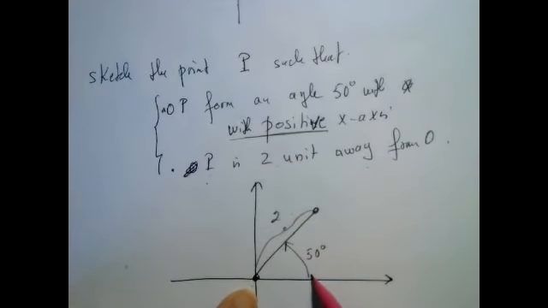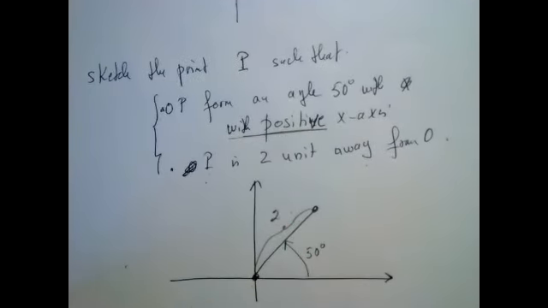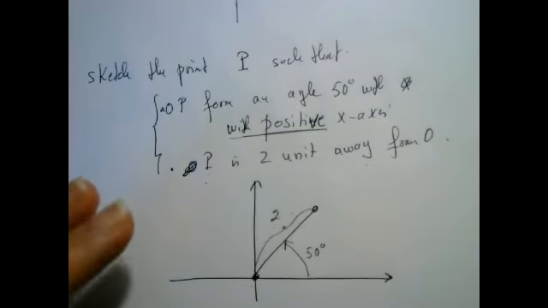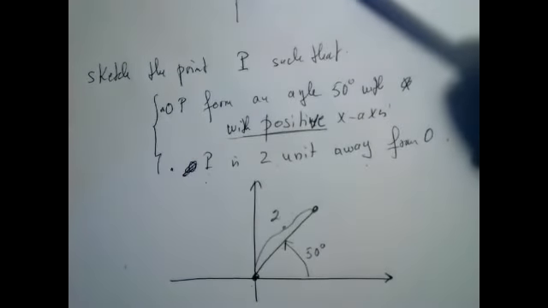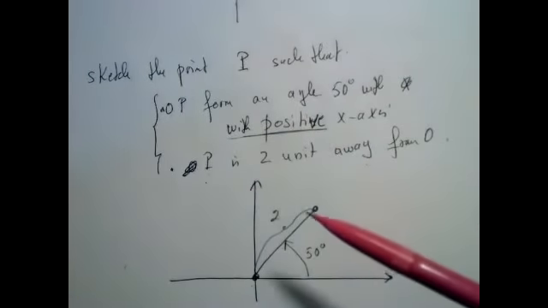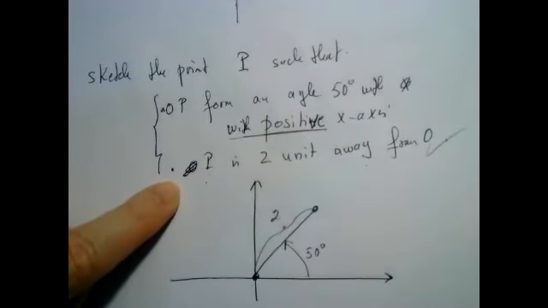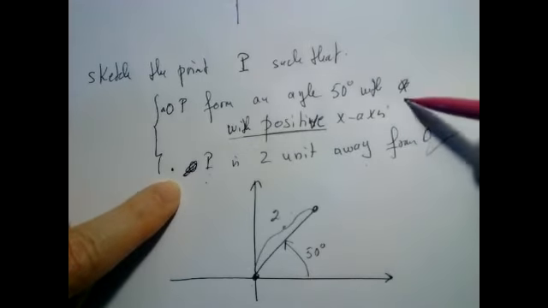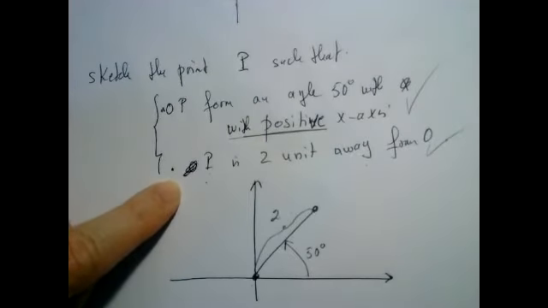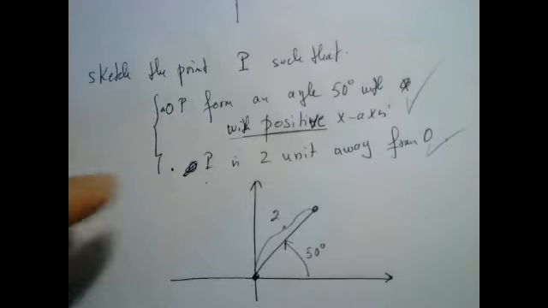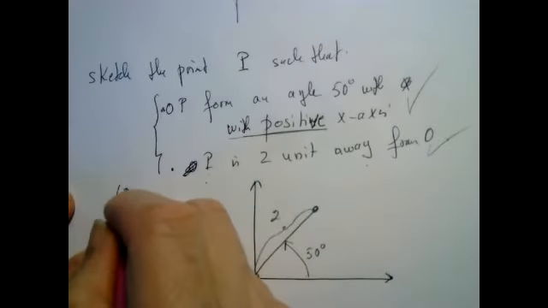2 and 50 will be given a name, and they will be called the polar coordinates of the point P. So it's another way to locate a point in the plane. Instead of giving you the x and y, I will be giving you two different pieces of information. I will tell you how far the point is from the origin and the angle that OP forms with the positive x-axis.